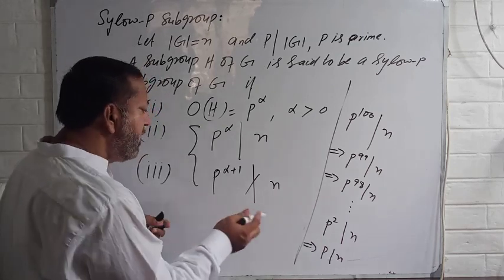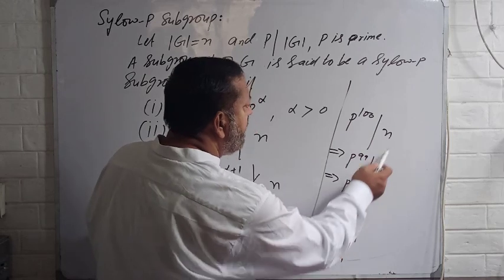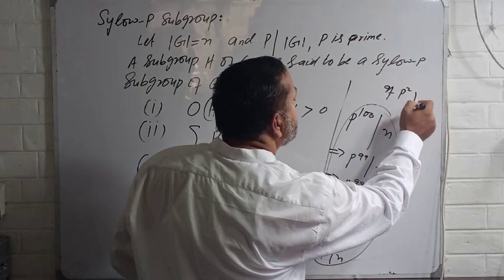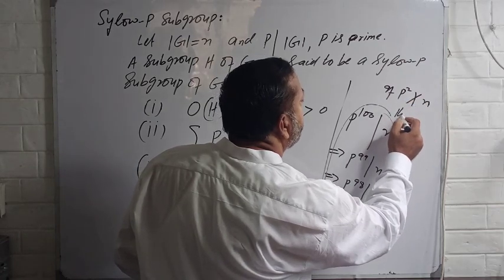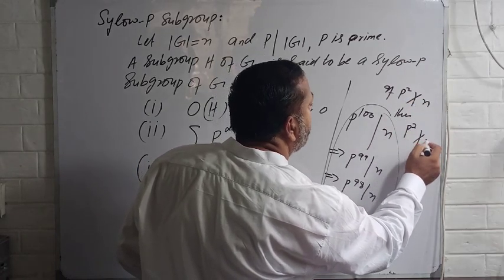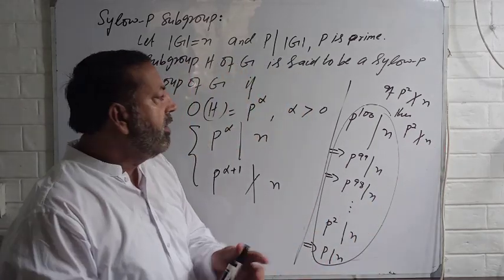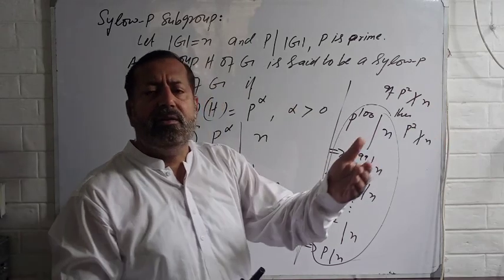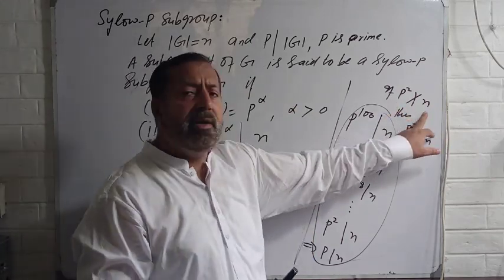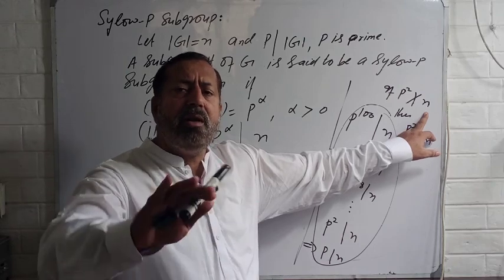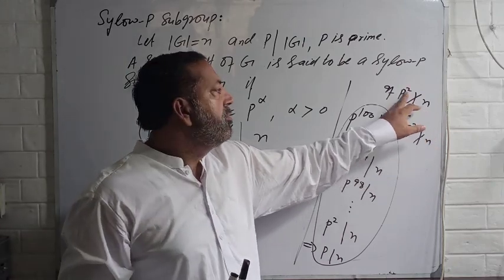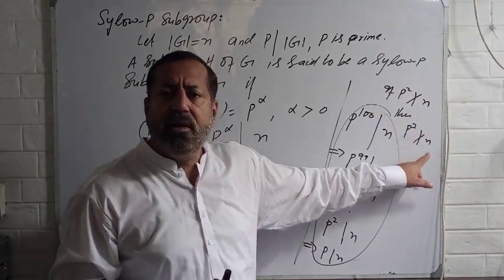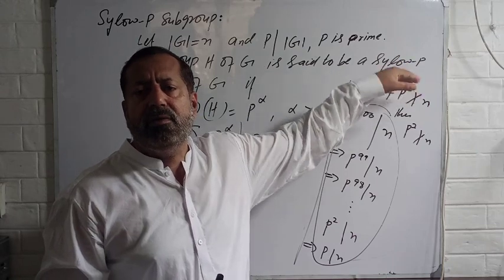So similarly, if P square does not divide n, then of course P cube will not divide n, because if P cube divides n, then P square must divide n. So conversely, if I am saying that P square does not divide n, this means that no higher power of P other than 2 will divide n, because if any of the higher powers will divide n, then all the smaller powers must also divide n.